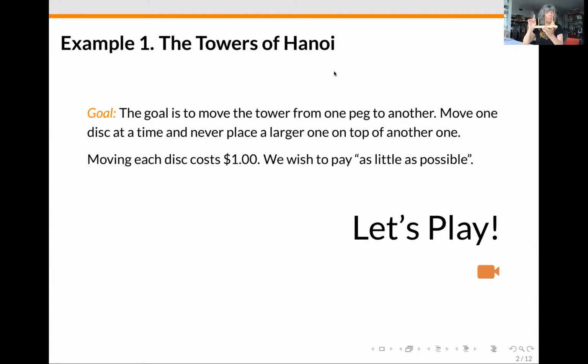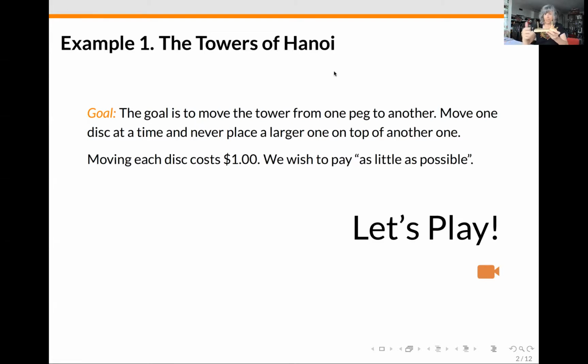Now, the rules of the game are that we have to move one disk at a time only, and we cannot put a larger disk on top of a smaller one. So that way we have to go step by step and move the whole tower from one to the other.